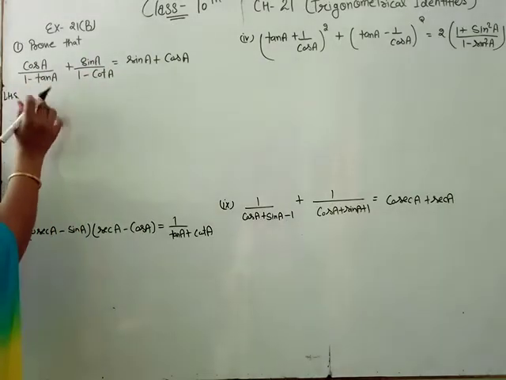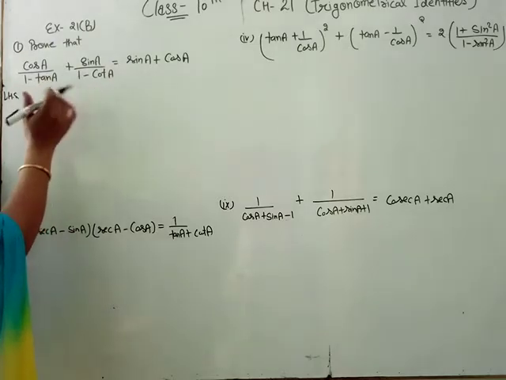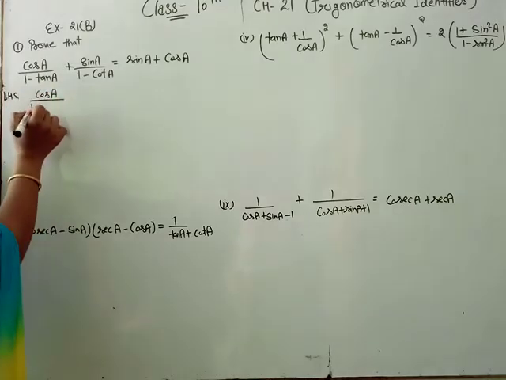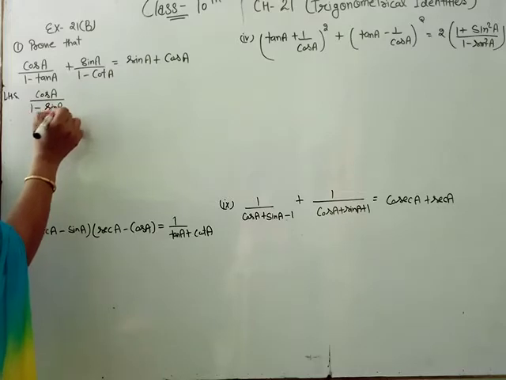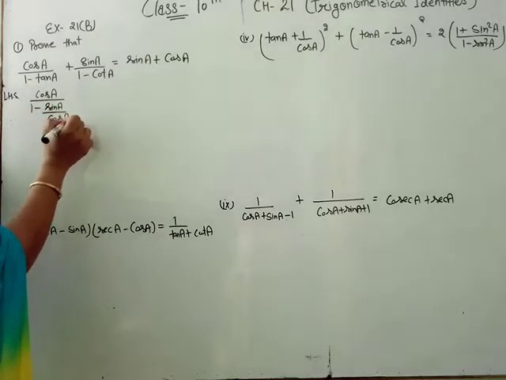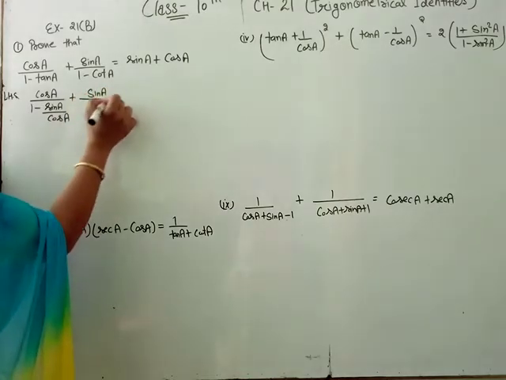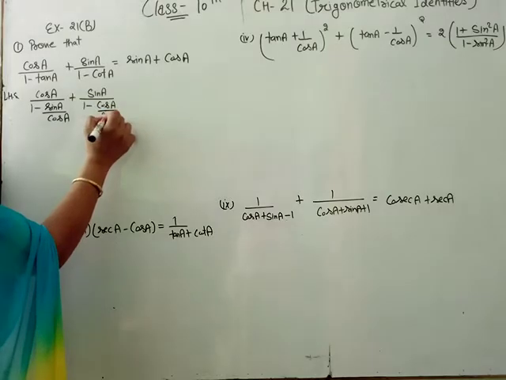Okay students, first we write tangent and cotangent in terms of sin and cos. So cos A as it is, (1 minus sin A by cos A), plus sin A as it is, (1 minus cos A by sin A).